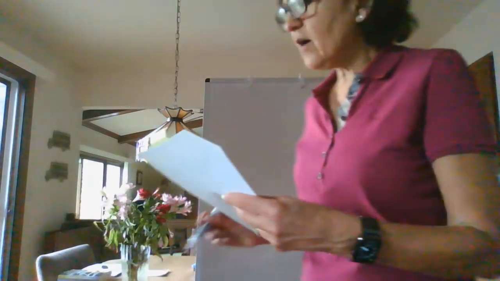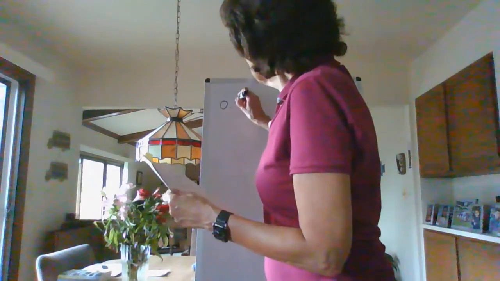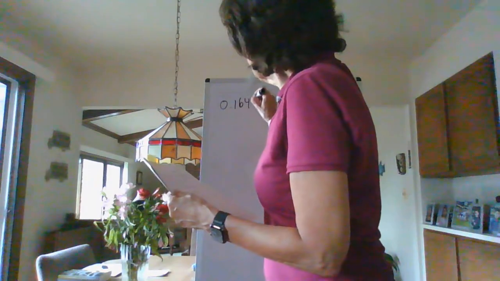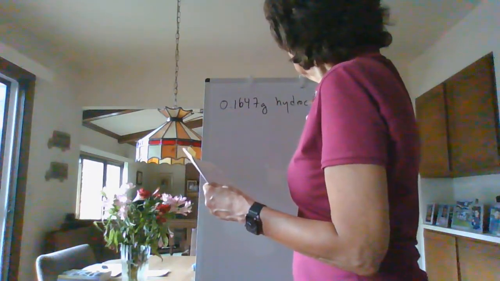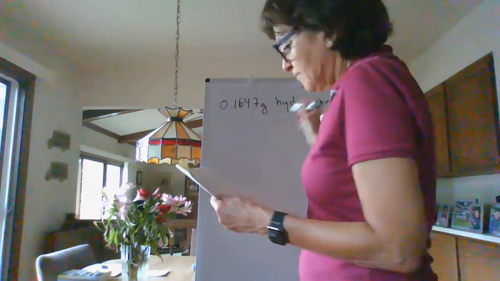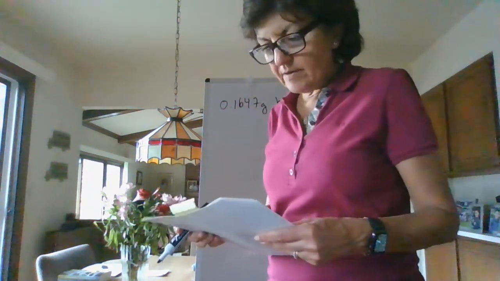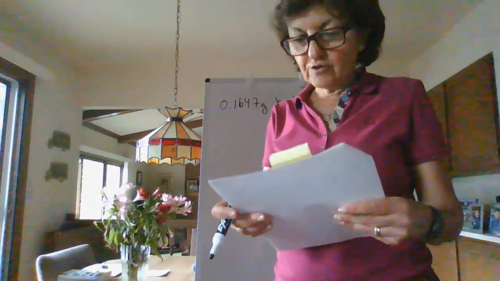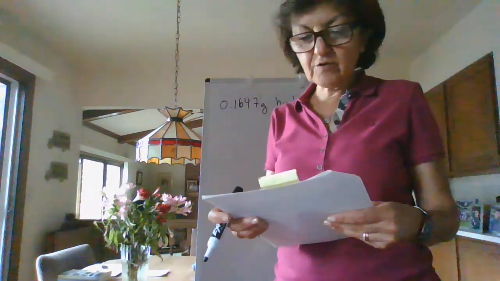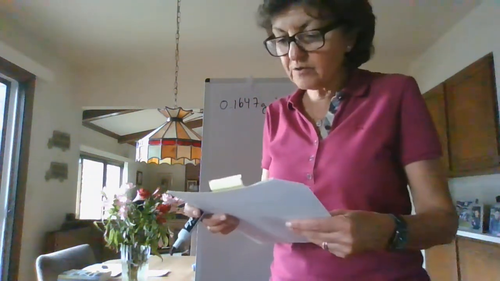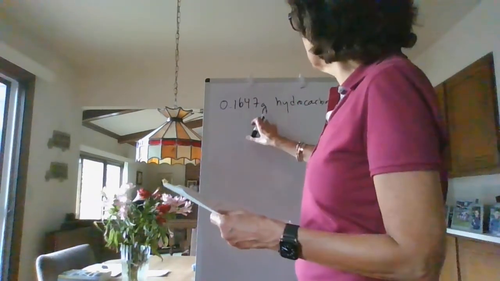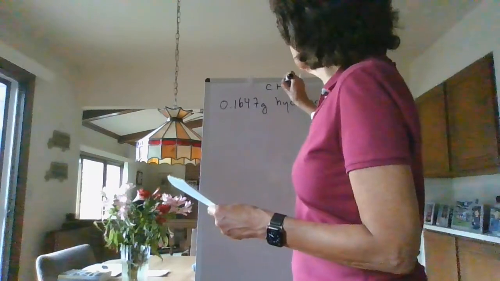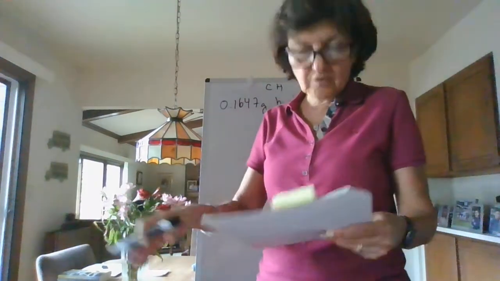All right, so I've got 0.1647 grams of a hydrocarbon. And I'm going to burn it in oxygen. They usually burn it in something called a carbon train. And I'm going to tell you that this compound here is just made up of carbons and hydrogens. No oxygen, okay?